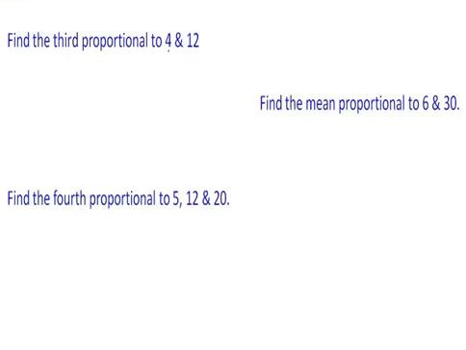Find the third proportional to 4 and 12. Since we've been given two terms and we need to find the third term, we can make use of the first trick, which says A is to B is the same as B is to C. We can assume the first term as A and the second term as B, and we need to find the value of C, right?